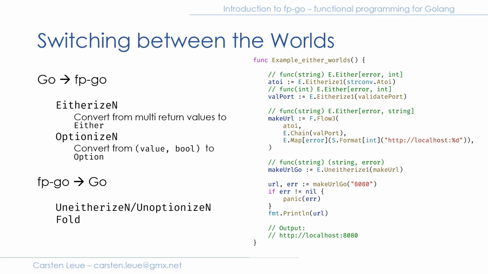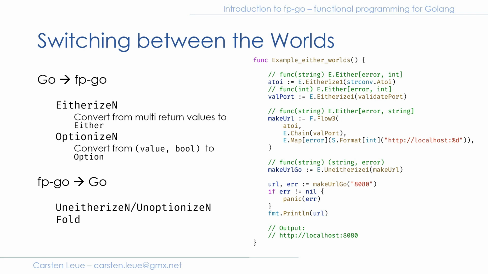Since one of the goals of this library is to be able to integrate into existing ecosystems, it's also very important that the library offers a way to switch between worlds, I would say, switch between the functional world and the imperative or the idiomatic Go world.